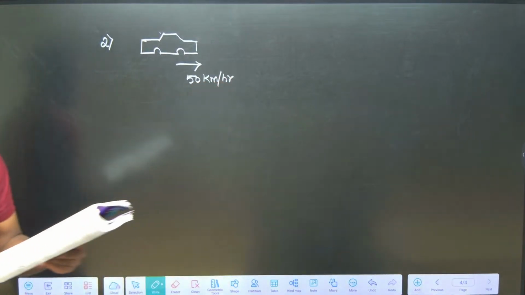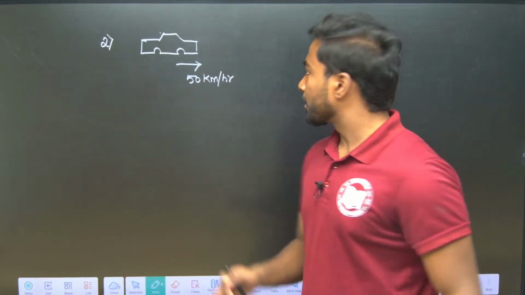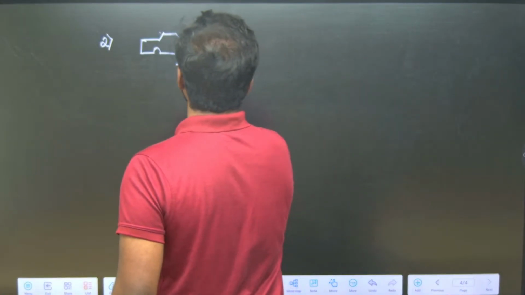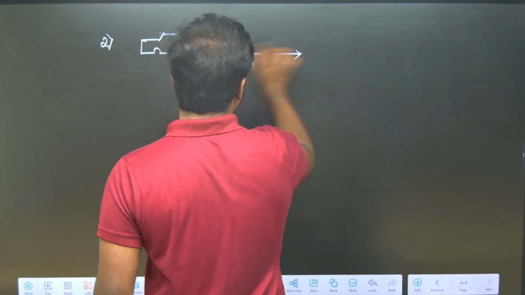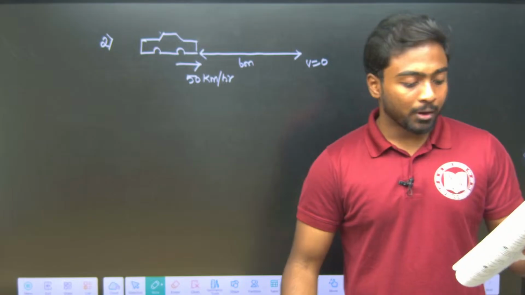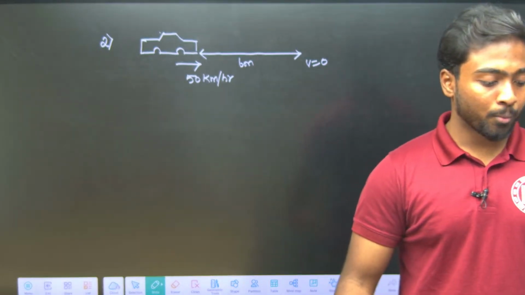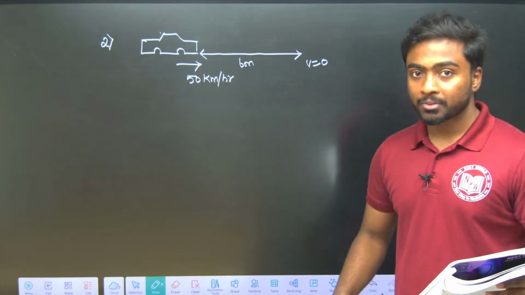Then what is given is, it can be stopped by applying a brake after at least 6 meter. So it is moving with 50 kilometer per hour. After 6 meter, they have applied a brake, which means v will be equal to 0. It has come to rest. They are saying, if the car is moving with the speed of 100 kilometer per hour, the minimum stopping distance will be?